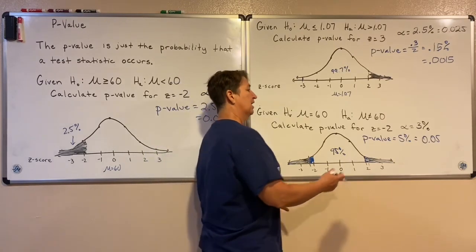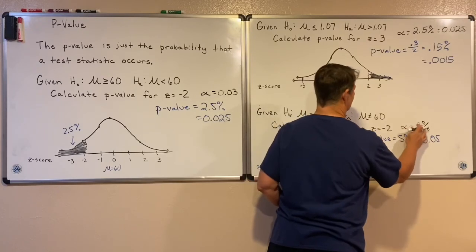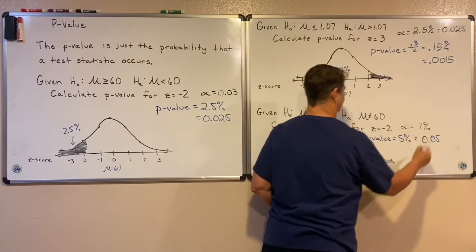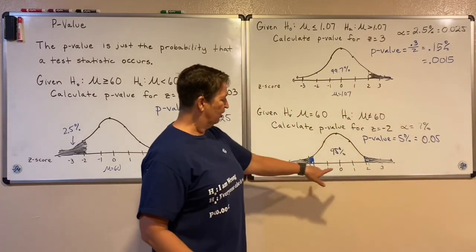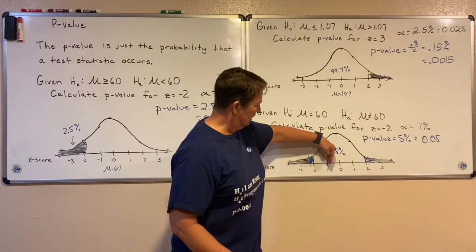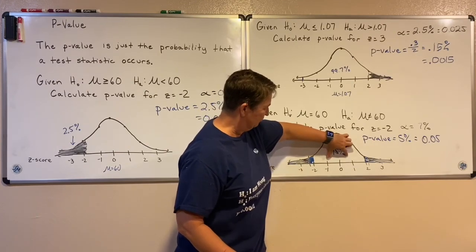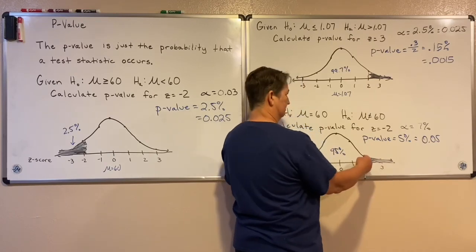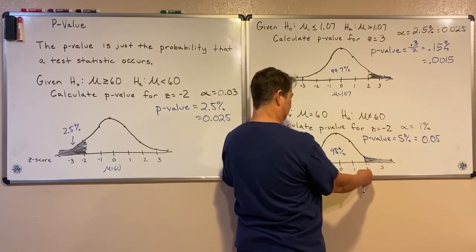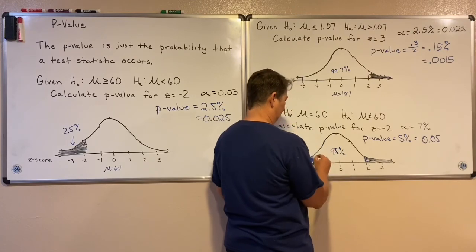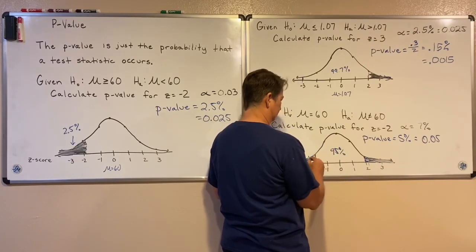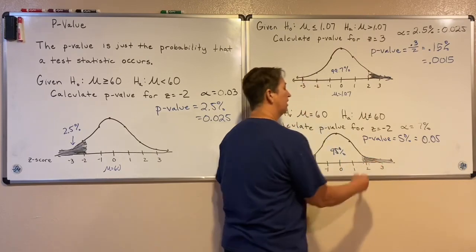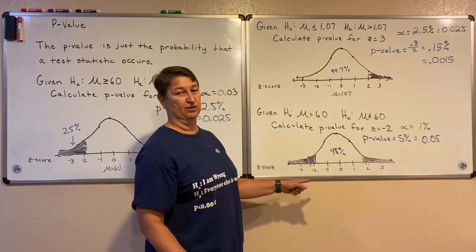Whereas if my level of significance was, say, 7%, well, again, we know that out this far, 68% is in here, so that would be 32% on both ends. So it's less than that, but not quite to 2 because that's 5%. So my rejection region would be something like this for 7%. Oh, now my z-score does fall in that rejection region.